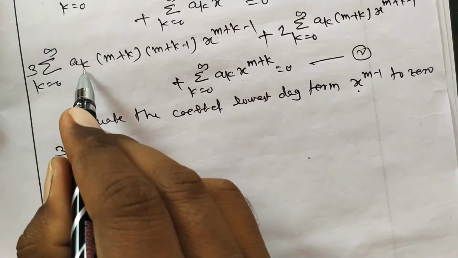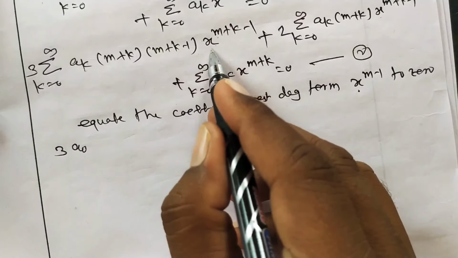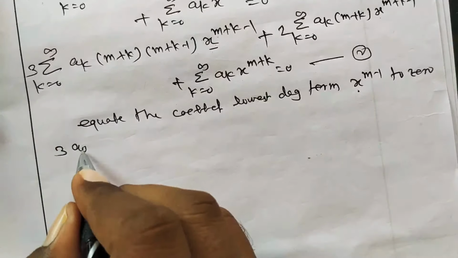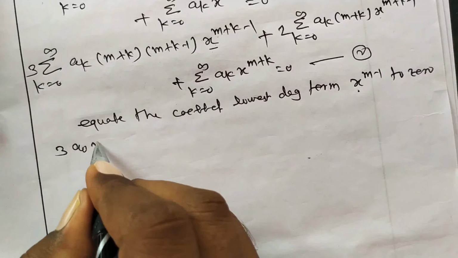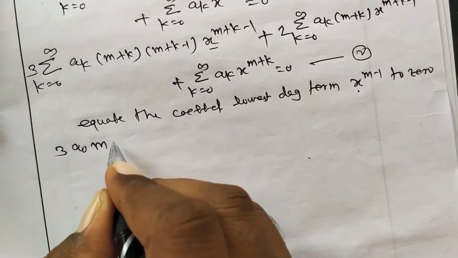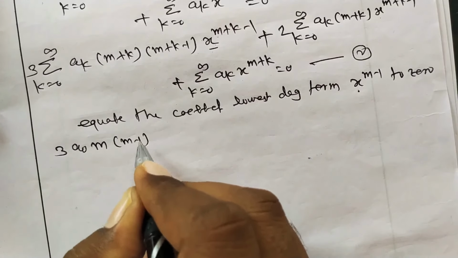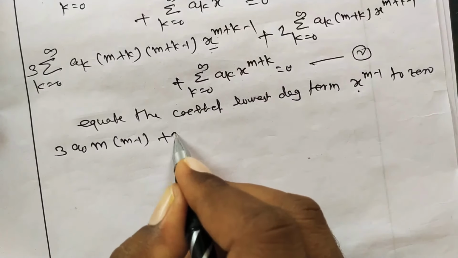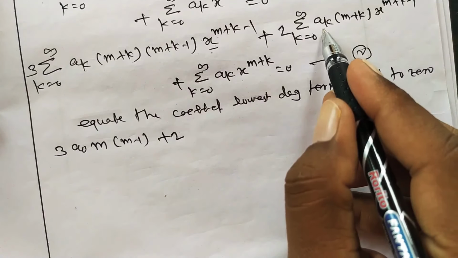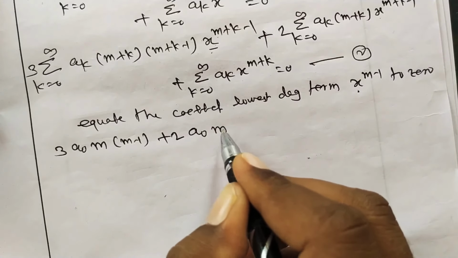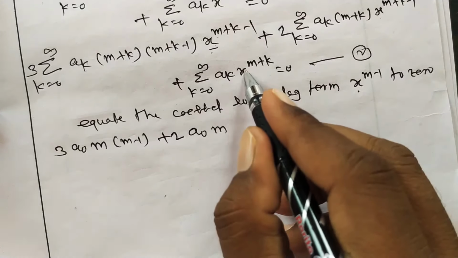Look, here we have to put the value of k as 0, only then we get x raised to m minus 1. If k equal to 0 is put, then a0 m into m minus 1. This is the coefficient of x raised to m minus 1 from the first series, plus 2 into, here also we put k equal to 0, a0 m, and here x to the power m.